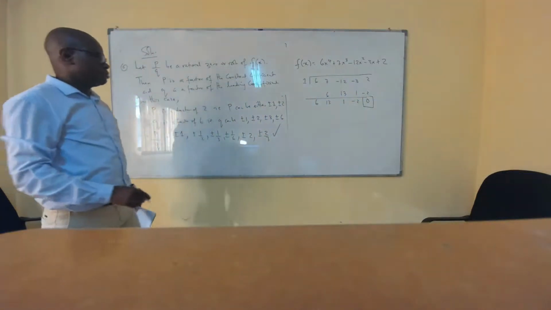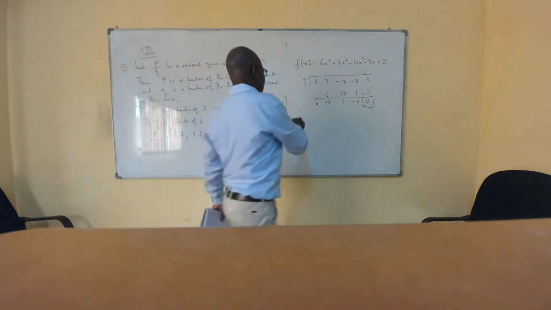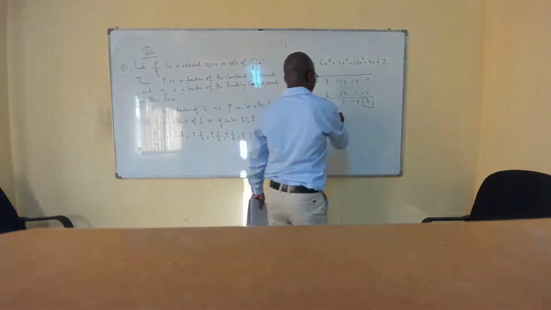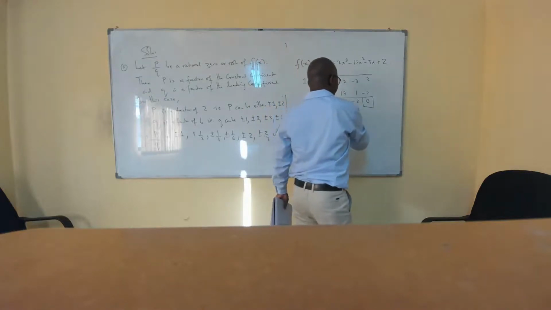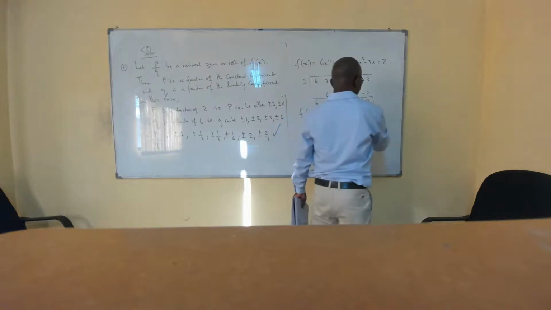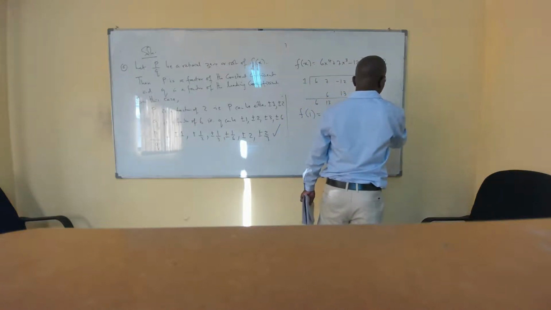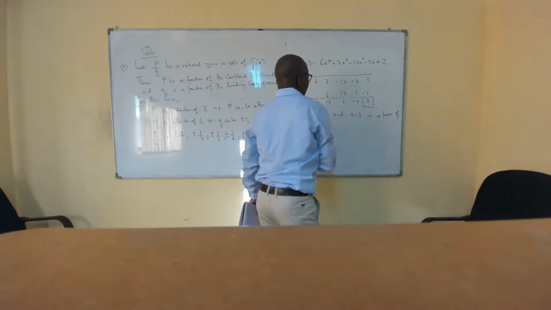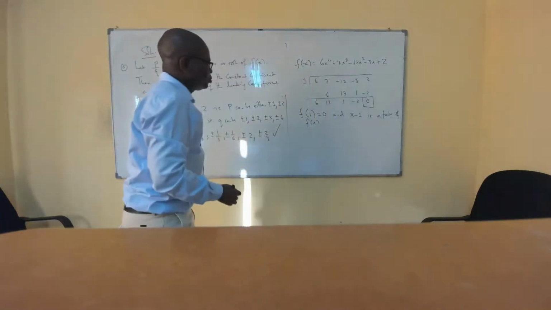So indeed, f of 1 is 0, and x minus 1 is a factor of f of x. That's what it is saying.